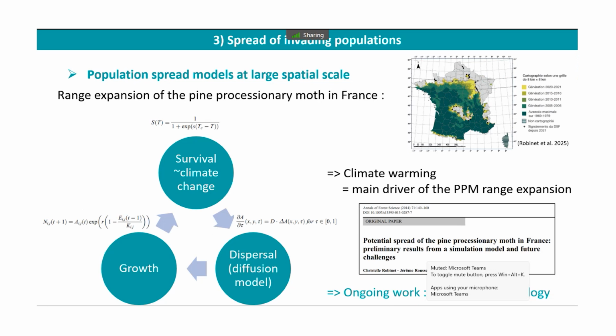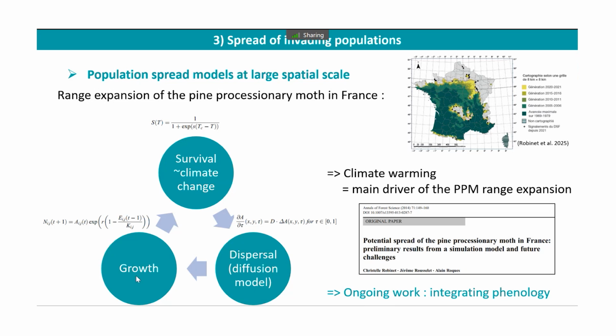And this is somehow what we try to do with the range expansion of the pine processionary moth in France. As I said, we already have this survival function, depending on the mean of minimum temperature from October to March. Then we applied a diffusion model to describe the dispersal of the individuals, and a logistic growth of the population.